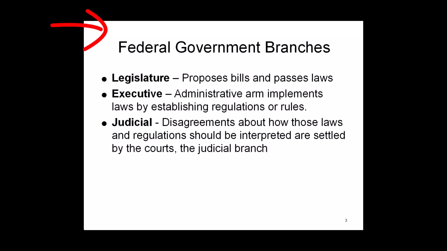Next comes the executive branch, the administrative engine that turns congressional intent into daily practice. Departments such as Health and Human Services draft regulations, issue interpretive bulletins, and run enforcement programs. When you read a rule on breach notification timeframes or certification criteria, you are seeing the executive branch at work.